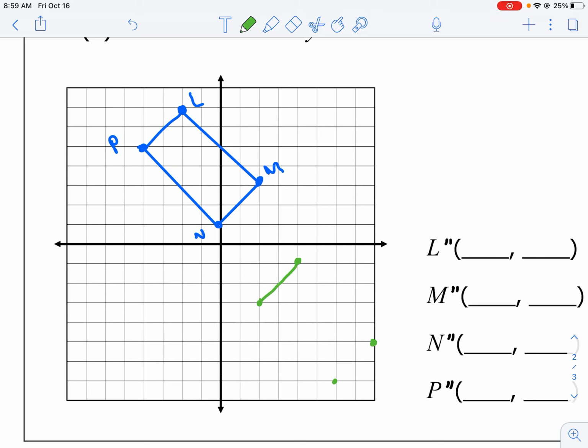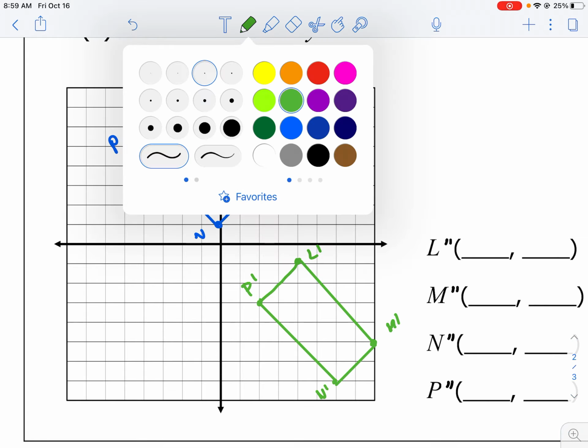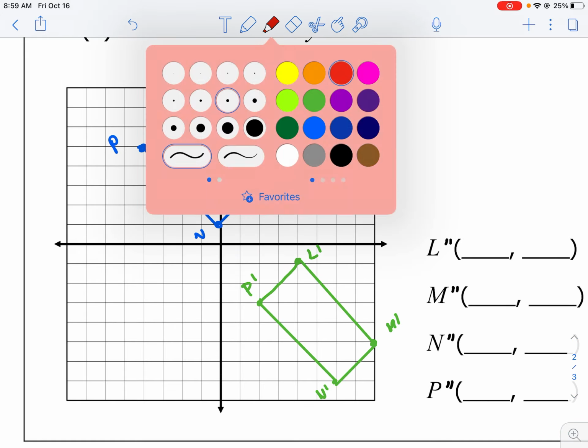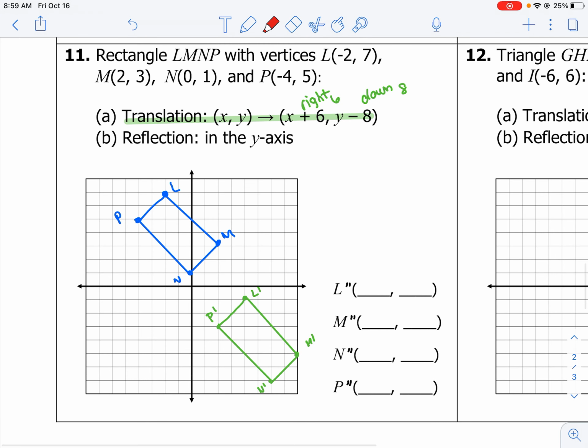So I have P prime, L prime, M prime, and N prime. Then I'm going to perform my second transformation, which is the reflection in the y-axis.